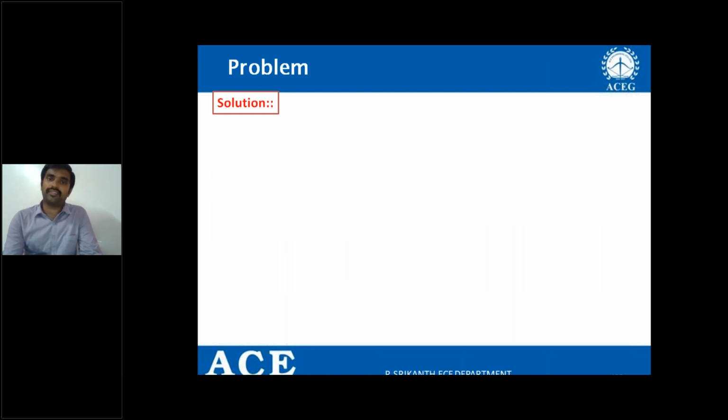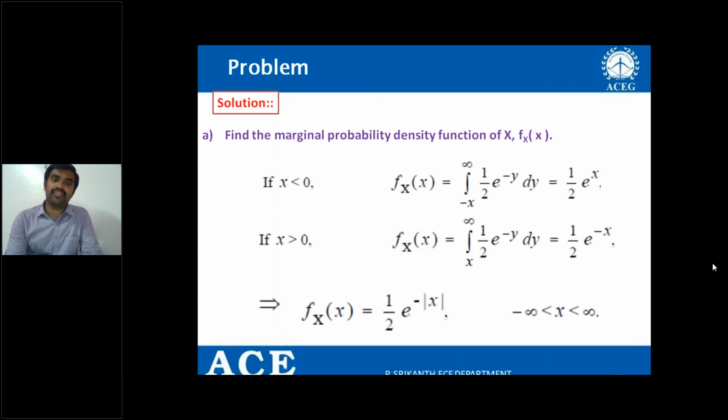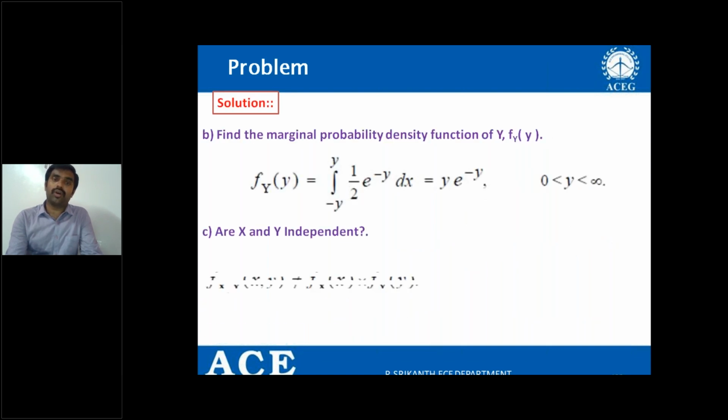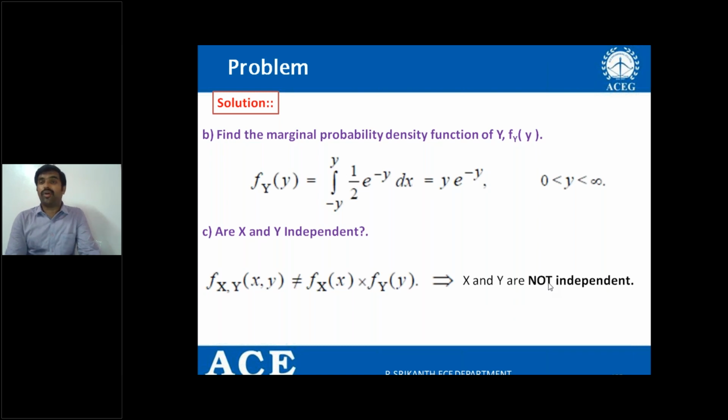What is f x of x? We have derived f x of x, that is equal to 1 by 2 into e power minus mod x, whereas f y of y is what? Yes, y into e power minus y. It is not equal. Therefore, x and y are not independent.